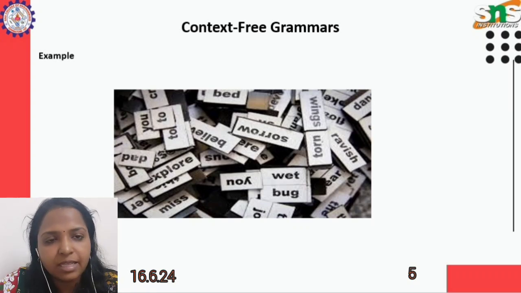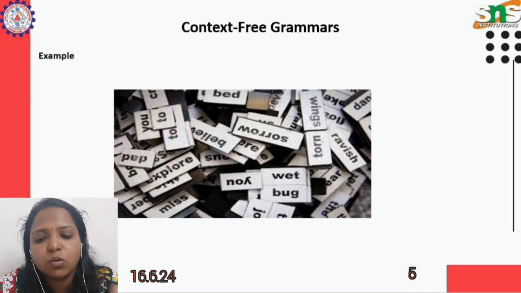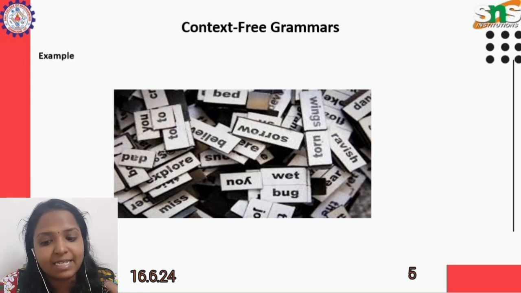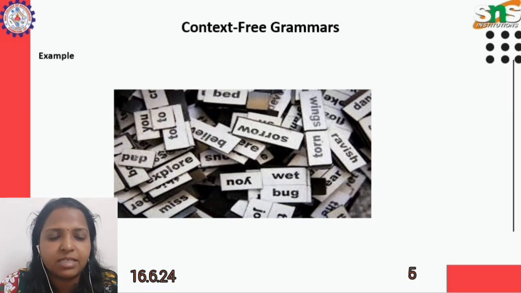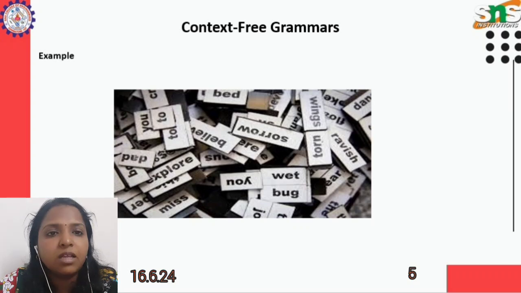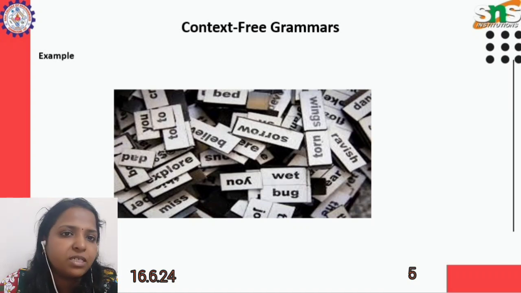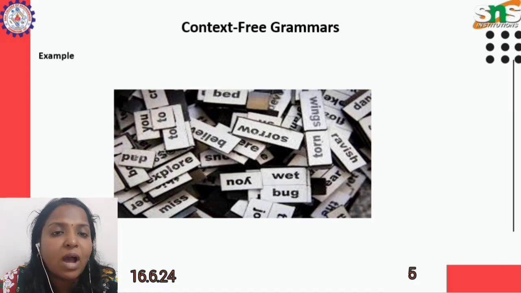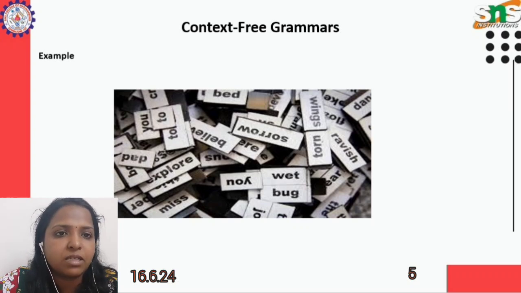Here, what is the purpose of these rules? These rules can say the sentence can start with a noun. Just for example, the rules can say that if it is a noun, it should have some determiner, and you should have the noun in the first place. The string should start with a noun, and it continues with the verb, or else it is followed by some noun.